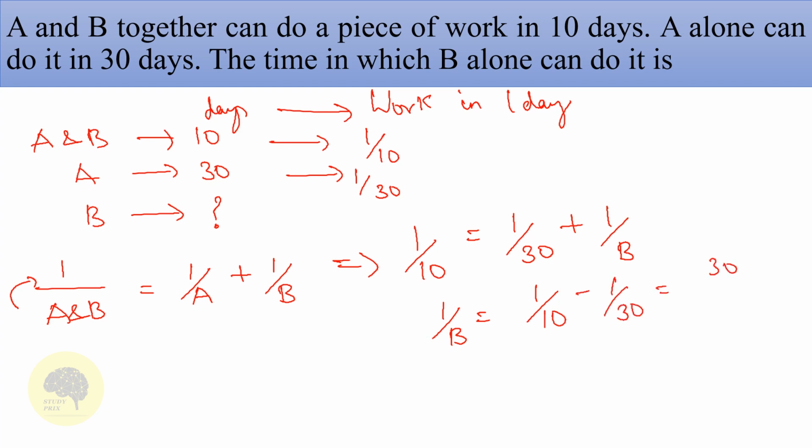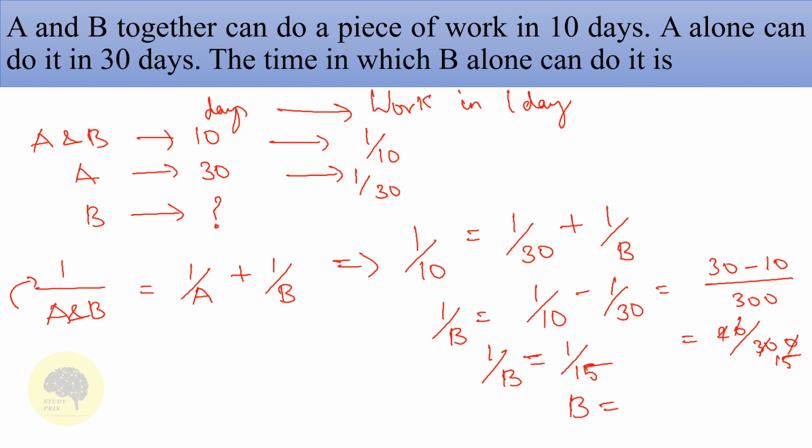Possible to take this, 30 minus 10 by 300, 20 by 300, which is 1 by 15. Therefore, work done by B in 1 day is 1 by 15. From this, we can say B can take 15 days to complete the work alone.